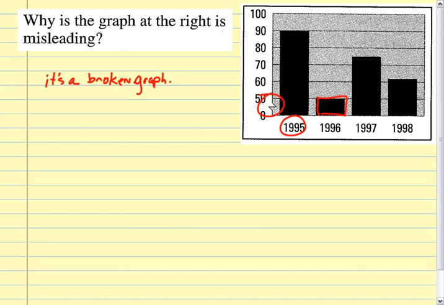But that's not true. It's just cut off from 0 to 50. 1996 is 50 and 1995 is 90. So it's not even twice as big, but it looks like it's 5 times as big. So the graph is misleading because it's a broken bar graph.